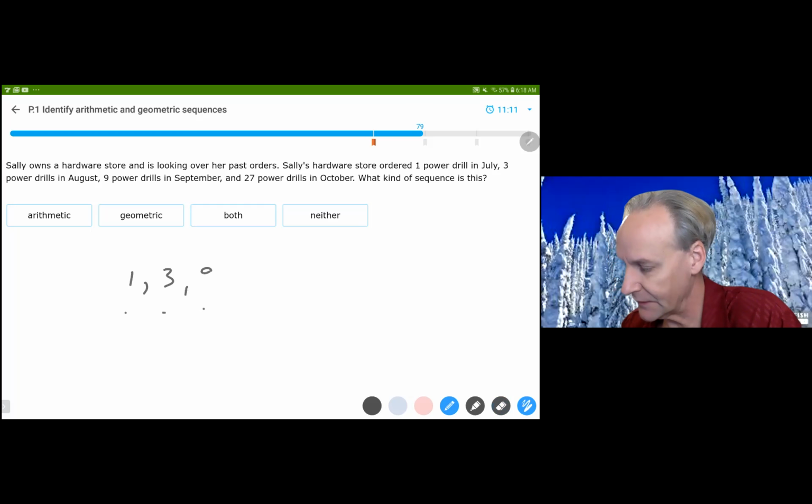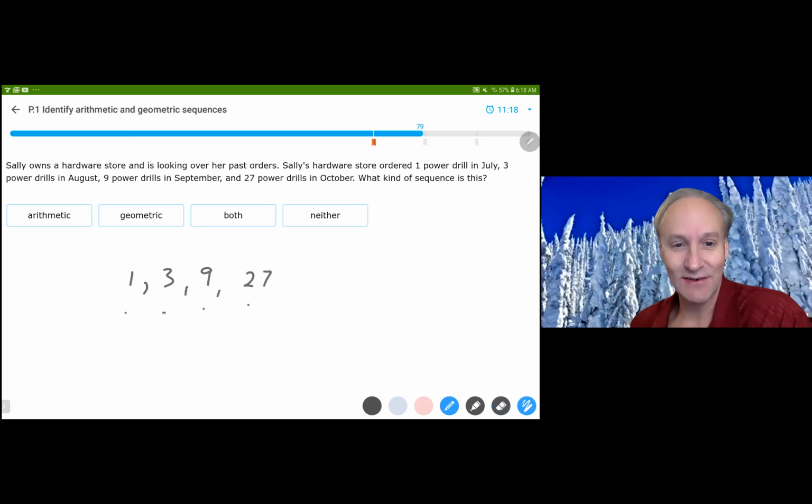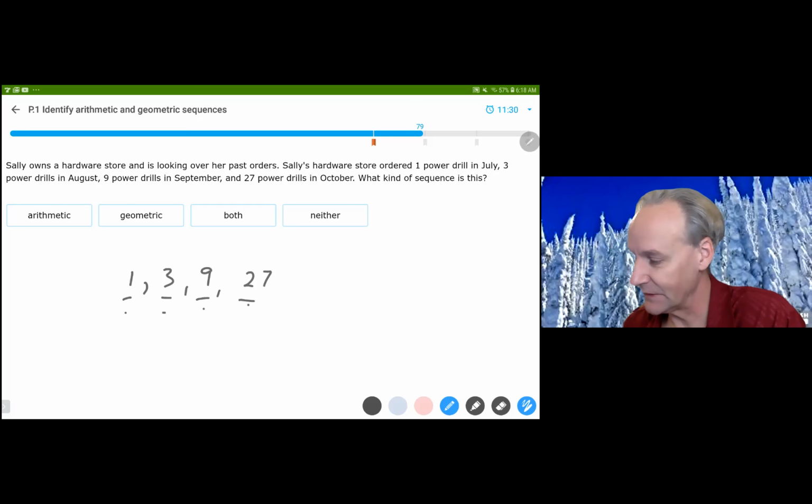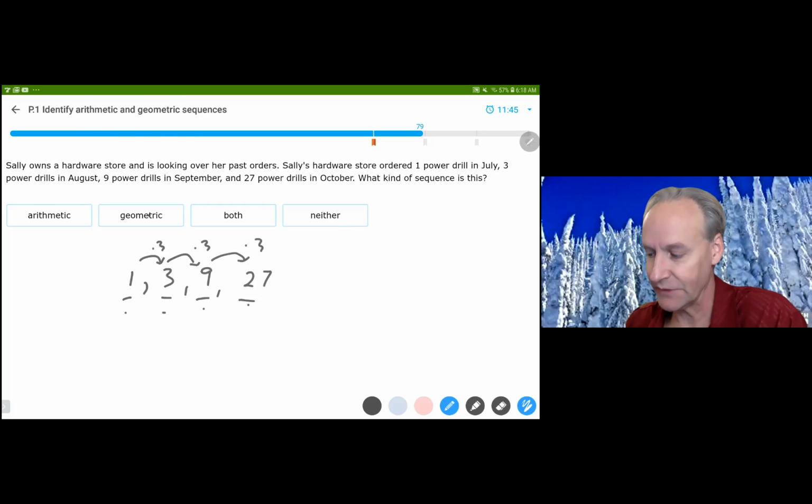Yep, 9 in September and 27 in October. Boy, they need a lot of drills. Okay, so clearly everybody's buying them up as the fall and the winter's coming up. Must be a hurricane coming. This is a geometric sequence, isn't it? And sure enough, September and August are the hurricane seasons down in the south. So that is a geometric sequence. We multiplied by 3, we multiplied by 3, we multiplied by 3, and sure enough, it's geometric.